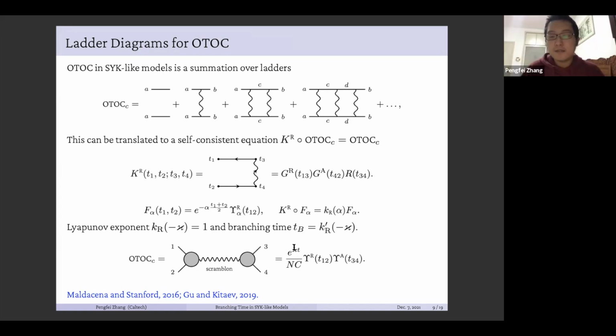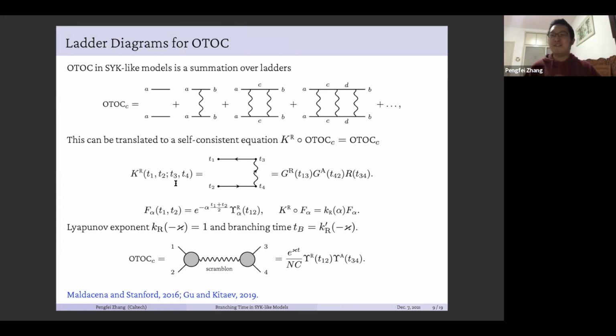Oh, sorry. In fact this kappa is a center-of-mass frequency. It's an imaginary frequency, but it's a center-of-mass frequency. Because the retarded kernel is time translation invariant, its eigenfunction will be labeled by some center-of-mass frequency.